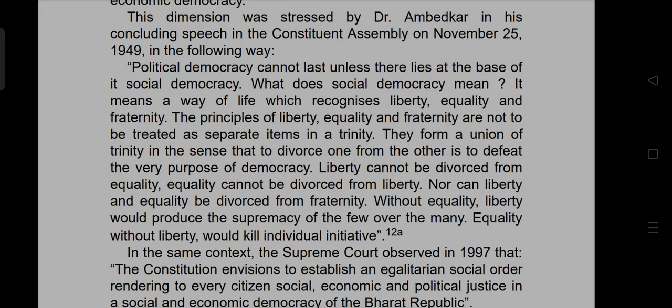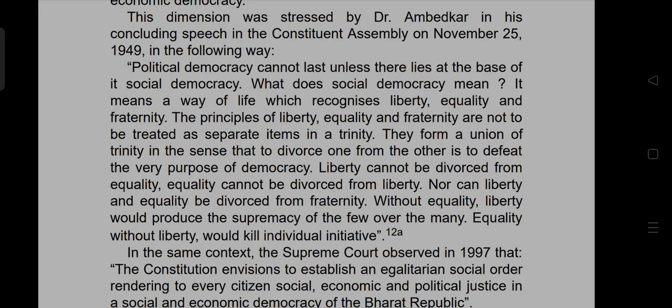Political democracy cannot last unless there lies at the base of it social democracy. What does social democracy mean? It means a way of life which recognizes liberty, equality, and fraternity.